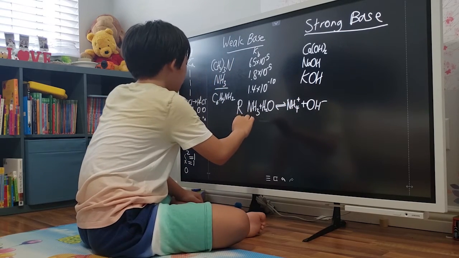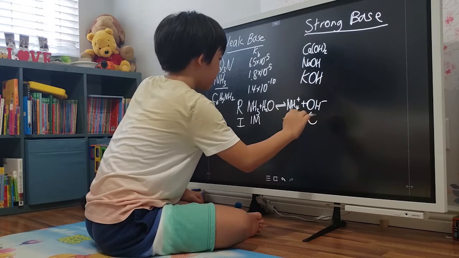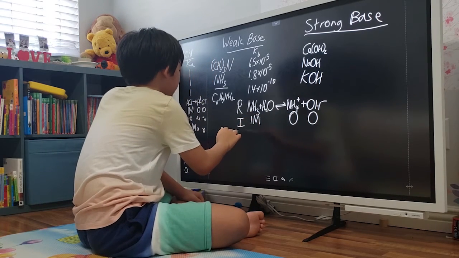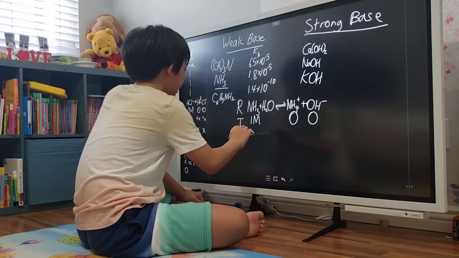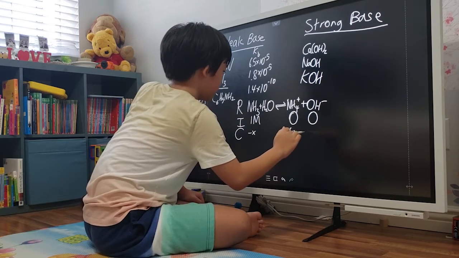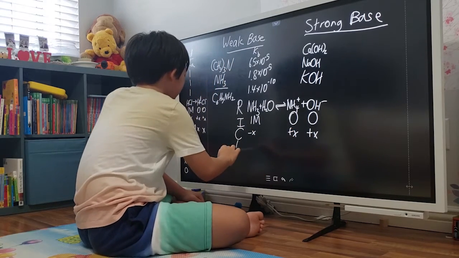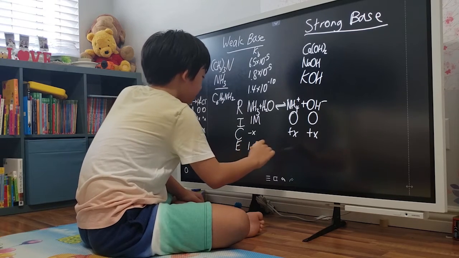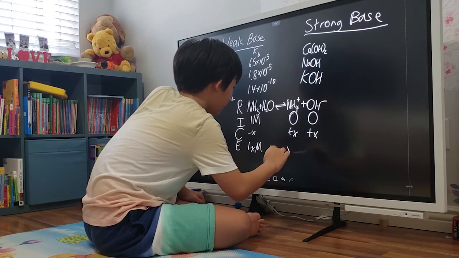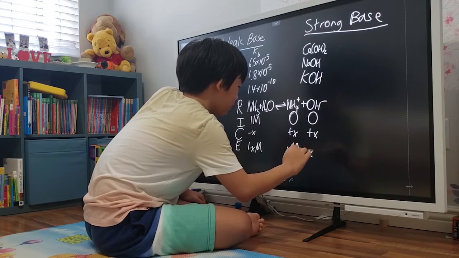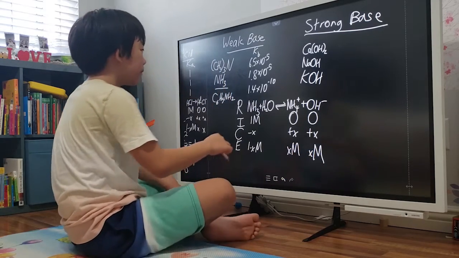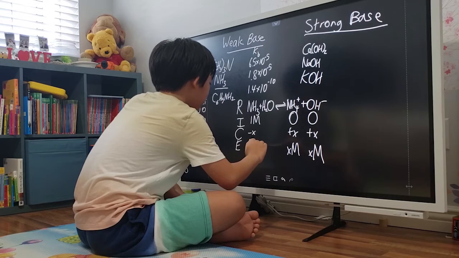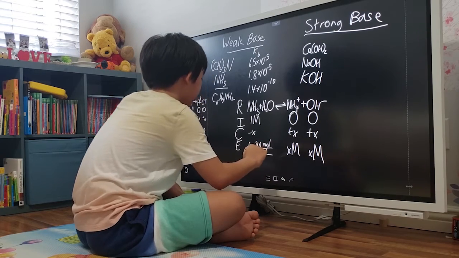I is 1 molar, 0, 0. We never put water in our equations. C is minus x and plus x for both sides. E is 1 minus x molar and an x for both ions. Now molar is simply moles per liter.